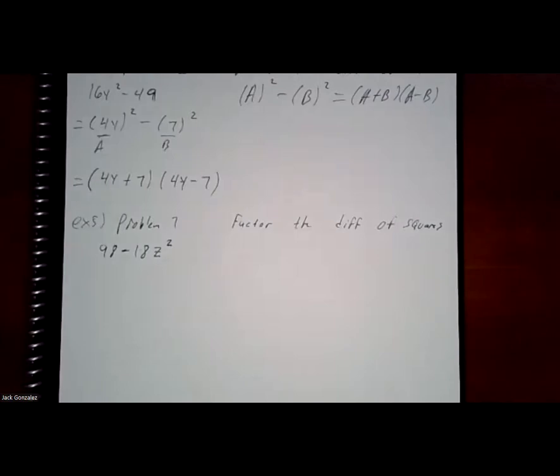What is the common factor? Nine, 18. And they're both even, right?